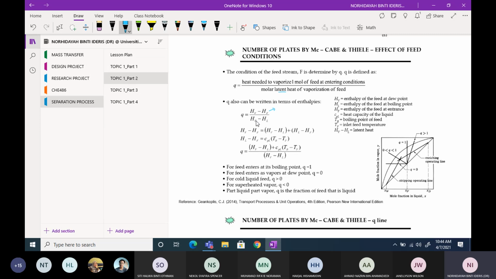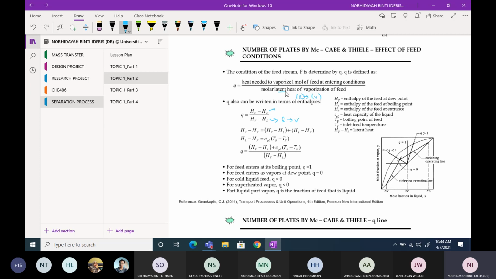For HV minus HL, it means the energy required for 1 mole of feed to change from liquid to vapor. If you understand the concept of latent heat of vaporization, there is no increment in pressure or temperature at that time, because the heat supplied is taken by the molecule to change its phase from liquid to vapor.